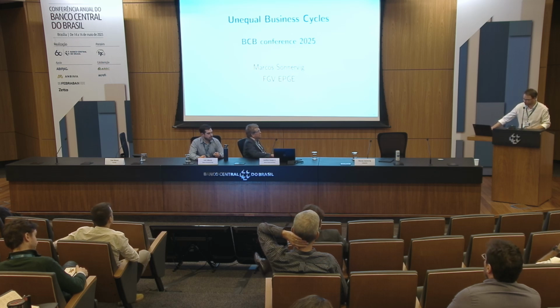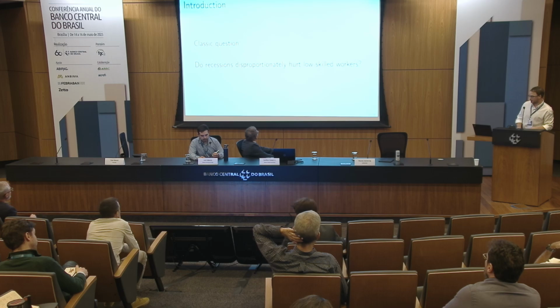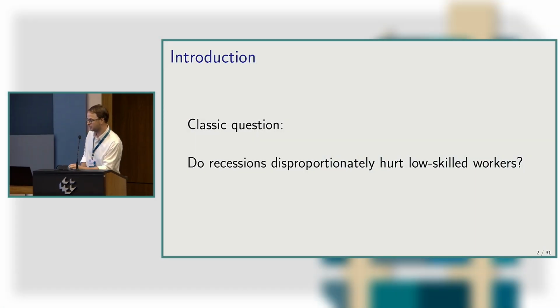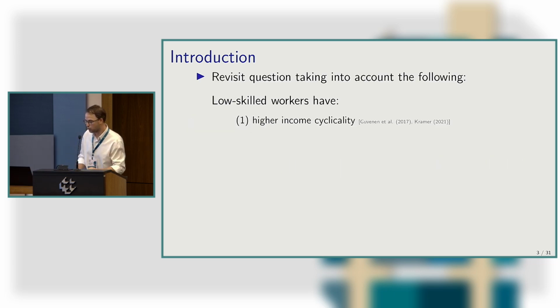In this paper, I revisit a classic question in macroeconomics: whether recessions disproportionately hurt low-skilled workers. I revisit this question taking into account the following facts. First, low-skilled workers have higher income cyclicality, which has already been studied in other papers.